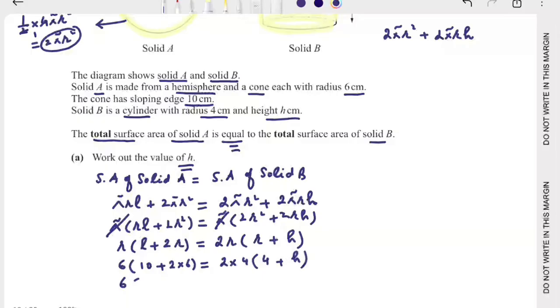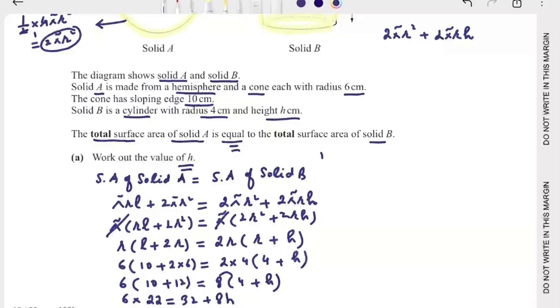Now 6 into 10 plus 12 is equal to 8 times 4 plus h. So it will be 6 times 22 is equal to 8 times 4, 32, plus 8 times h, is 8h.